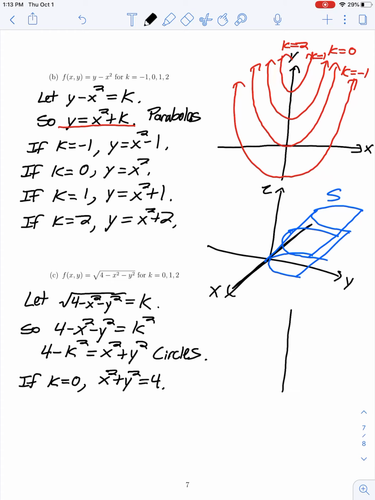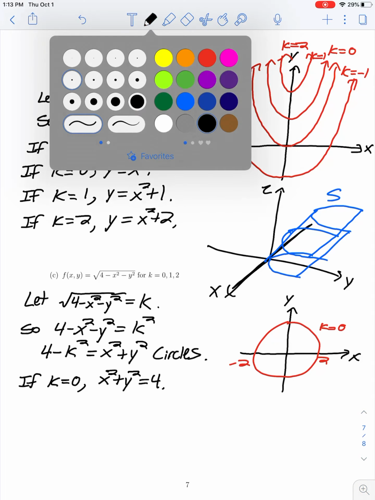So we would have a circle centered at the origin of radius 2. This would be our level curve for k equals 0.